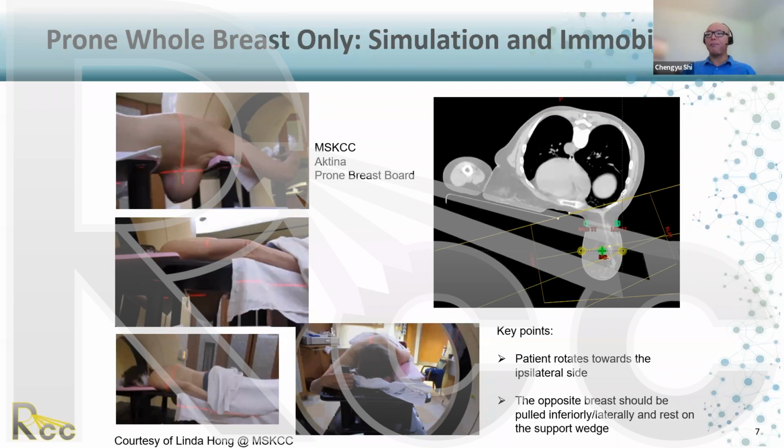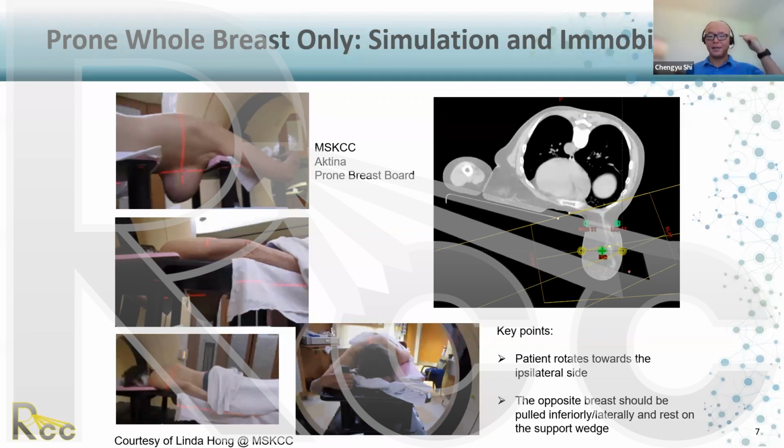The key points: the patient rotates towards the lateral side, and the opposite breast isn't irradiated because it is totally blocked by the board. So the treatment for the lateral breast and also the heart are pretty good. But that doesn't mean you should do prone for every patient. Certain patients definitely cannot do it, and the board may also block the beam, so they are not ideal candidates. So how we choose between supine and prone still depends.